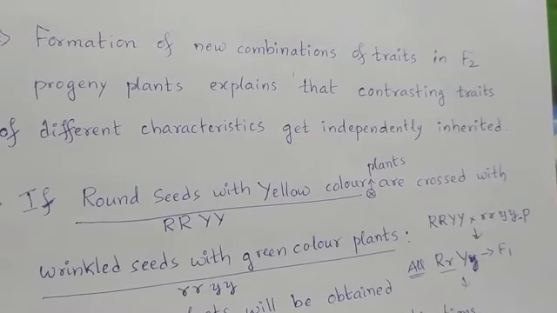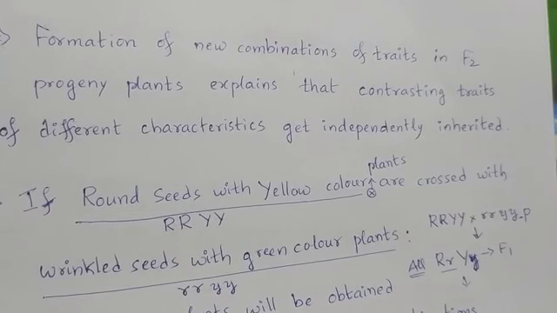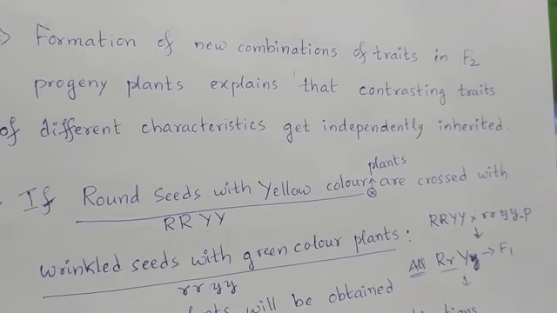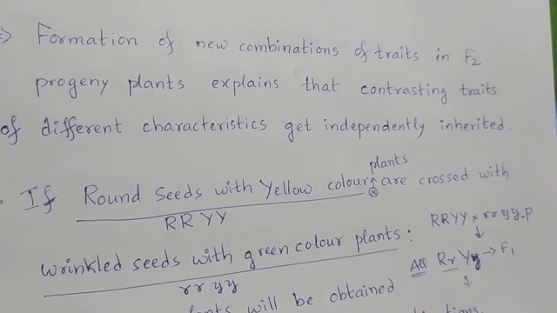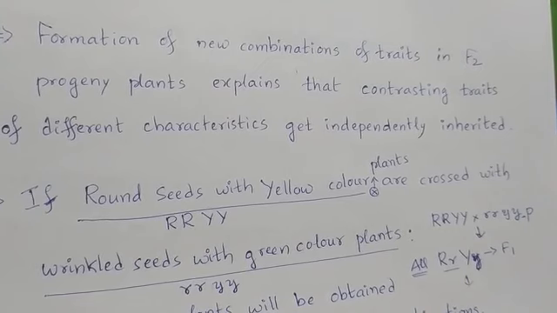The formation of new combinations of traits in F2 progeny plants explains that contrasting traits of different characteristics get independently inherited during crossing.